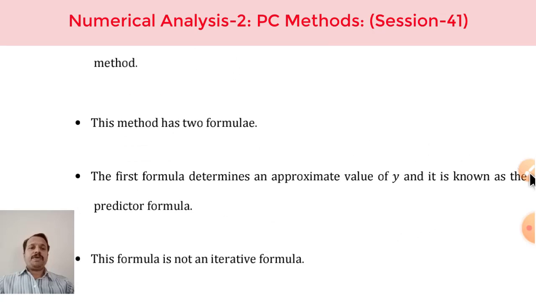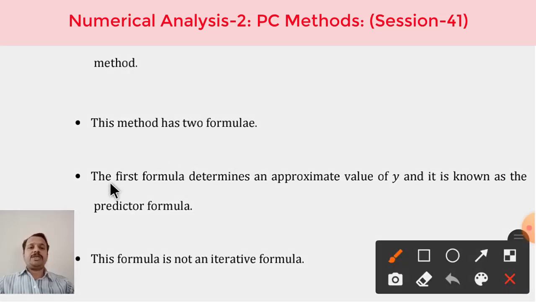It determines the approximate value of y, that is, it gives the first initial approximation to the unknown y at a particular point. Such a formula is called the predictor formula.